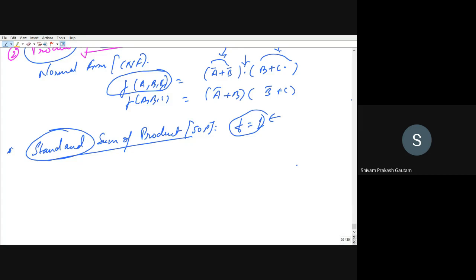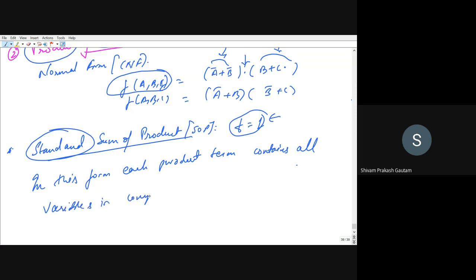So standard means in this form, each product term contains all variables in complemented or uncomplemented form.